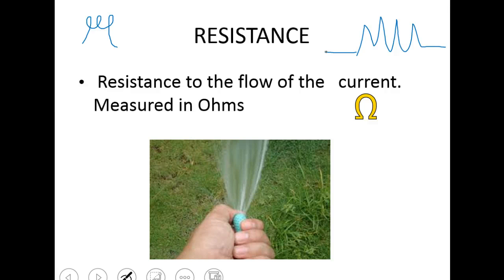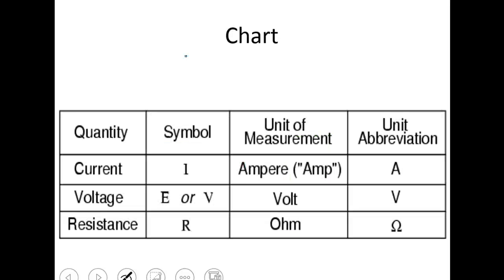Anything that uses electricity is in turn a resistor. So as you look around at your cell phone and your computer, maybe you even have a fan going in the room, all of those things are resistors, and they require a current for them to operate.